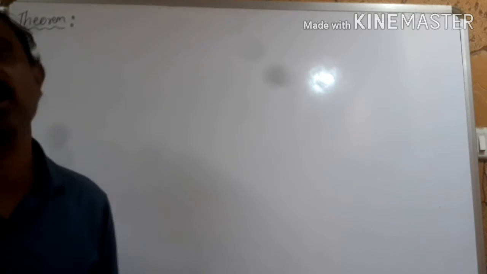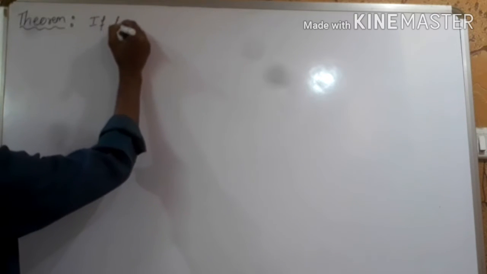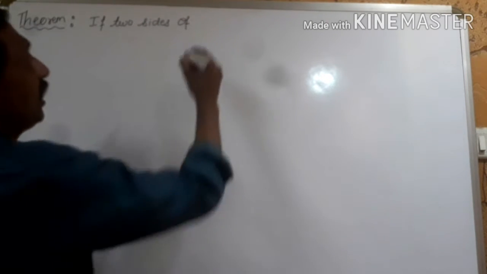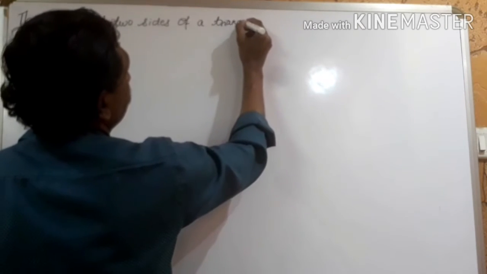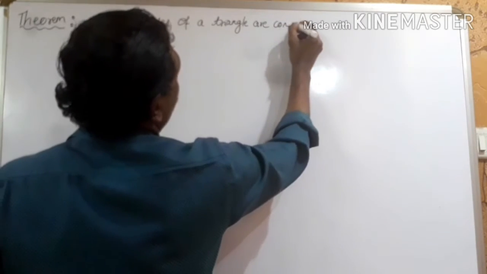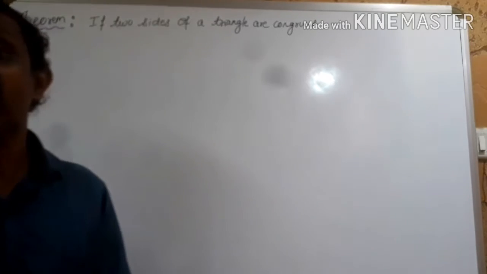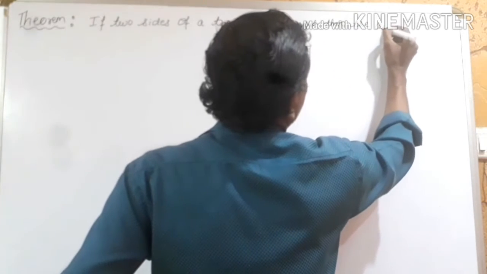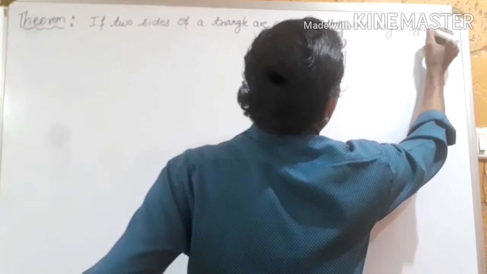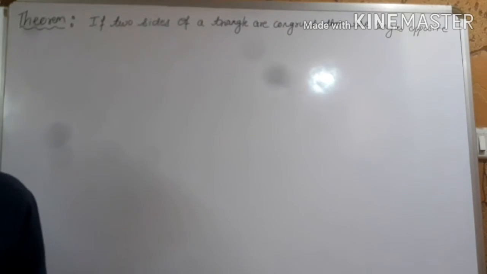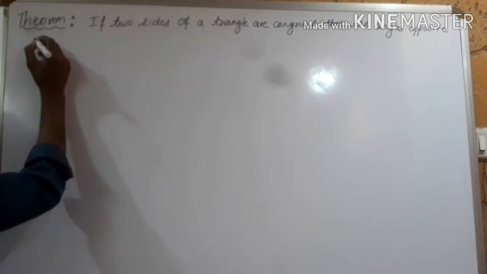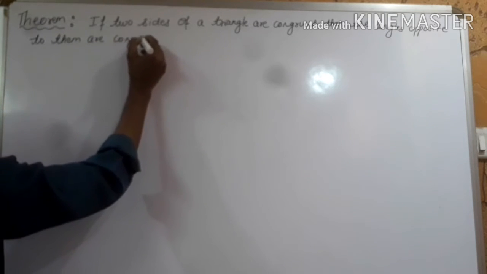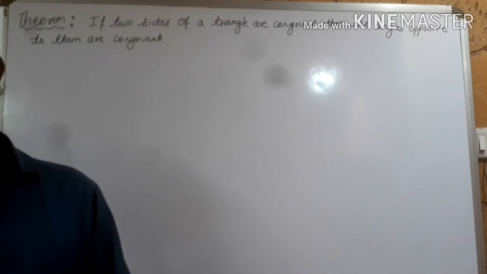If two sides of a triangle are congruent, then the angles opposite to them are congruent.